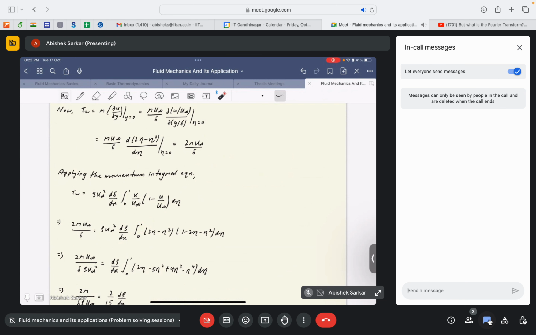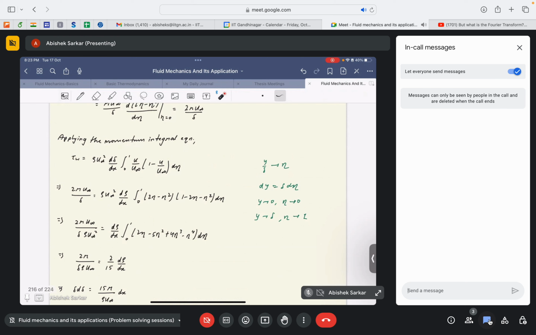Instead of y by delta, we solve for eta, so dy would be equal to delta d eta. As y tends to 0, eta tends to 0, so the lower limit remains the same, and as y tends to delta, eta tends to 1. This is the concept of definite integral. Just recall that and apply it.